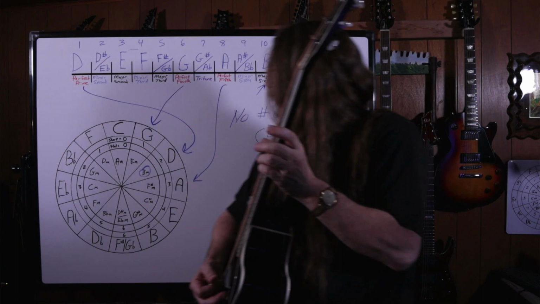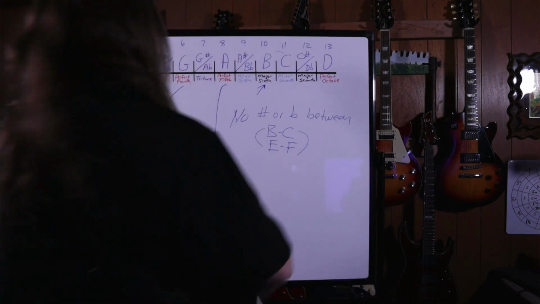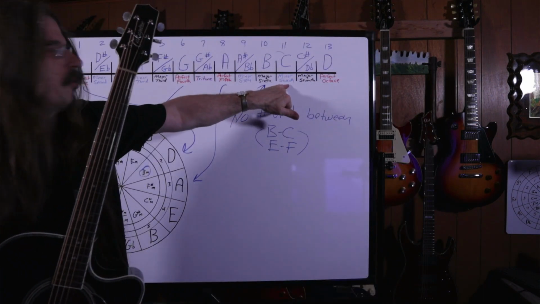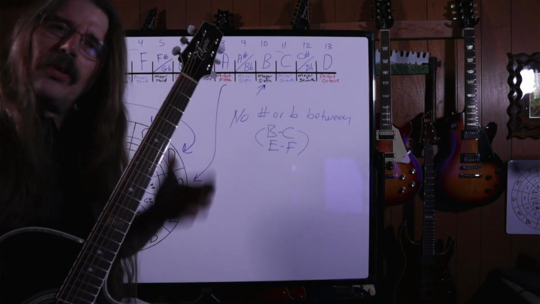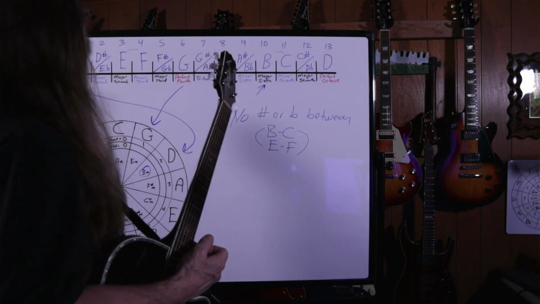Throwing a C in there, which if you look is based off the minor 7th of the scale, gives it kind of that sad feel, having that minor tonality in there.